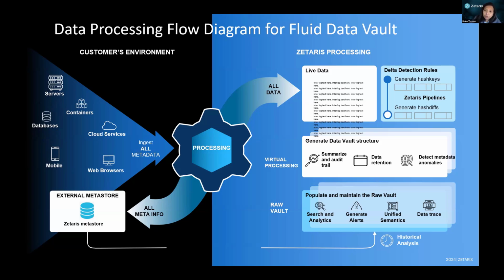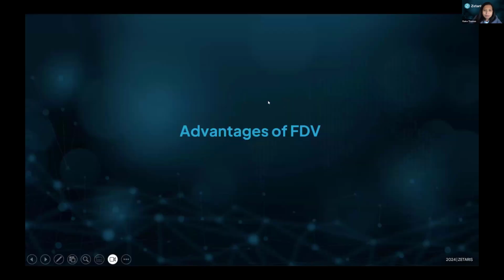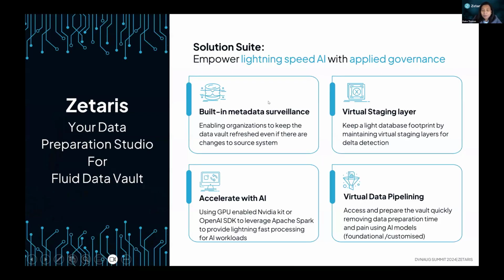So today I'm going to show you how we create an automated, or a Zetaris, fluid vault on Iceberg. Now, what are the advantages of a fluid data vault? As I said, we've got a built-in metadata surveillance, which will keep the data vault refreshed even if there are changes to the source system. The staging layer is completely virtual, so it keeps a light footprint on the database.